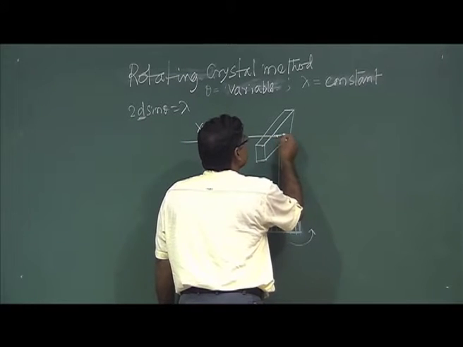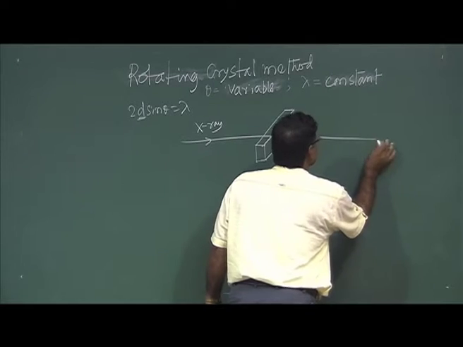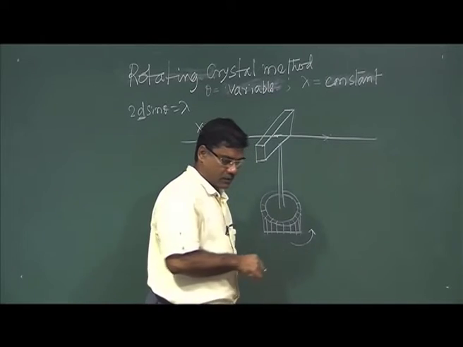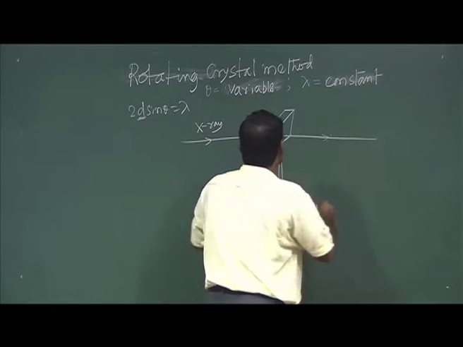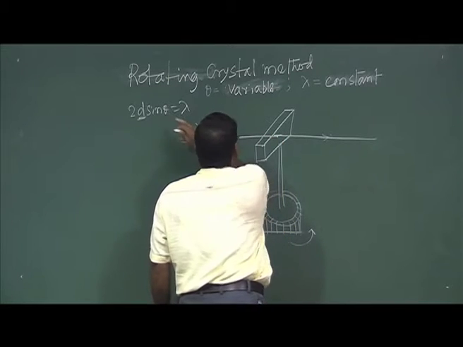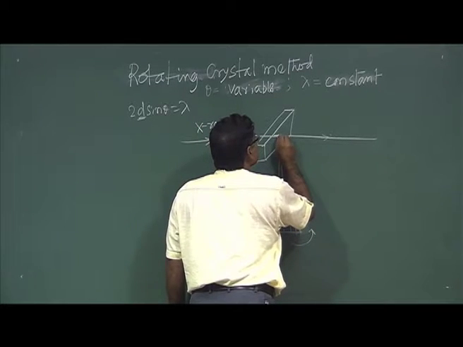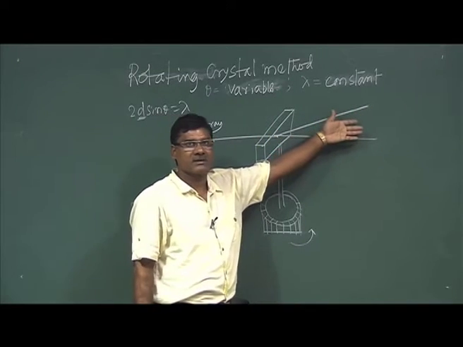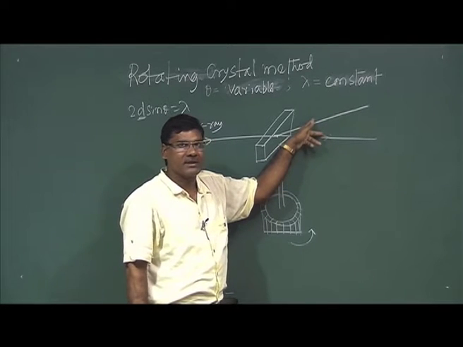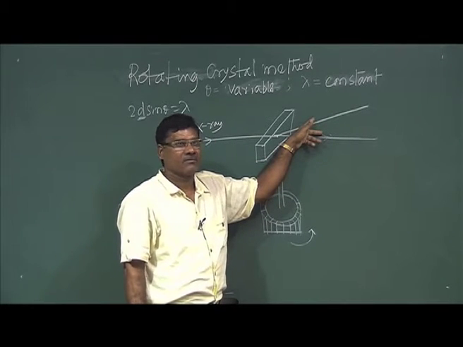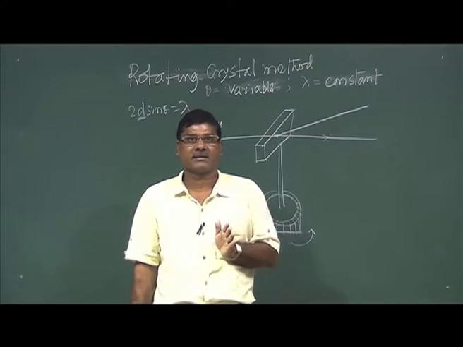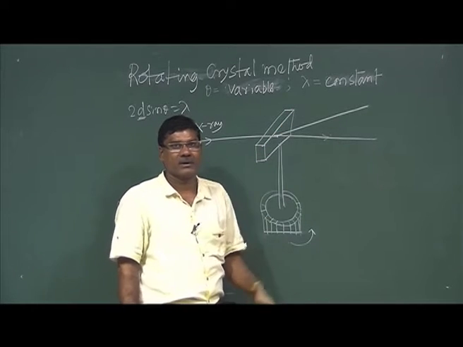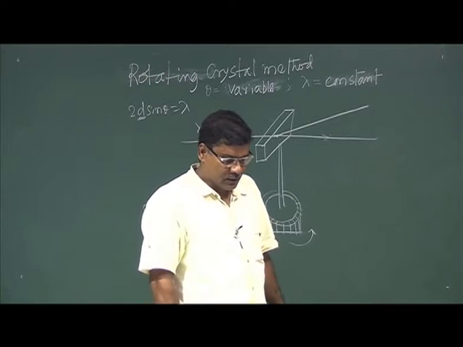One is the direct beam, and if the angle is theta, the reflected beam makes an angle of 2 theta with it, because the angle from the crystal surface is theta. So the angle between the incident and reflected beam is 2 theta.